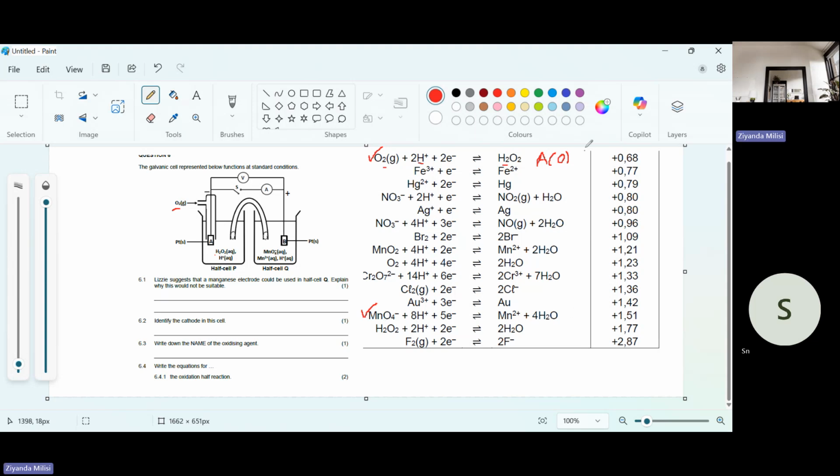The one at the top is where oxidation takes place, it's the anode. The one at the bottom is the cathode, where reduction takes place. All right. You already know that this one is oxidized, which means our reducing agent is going to be here.